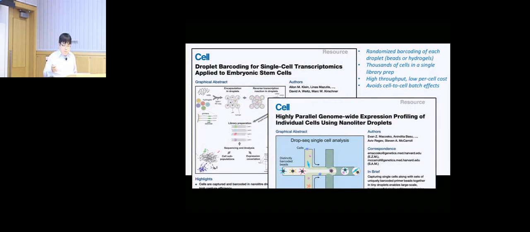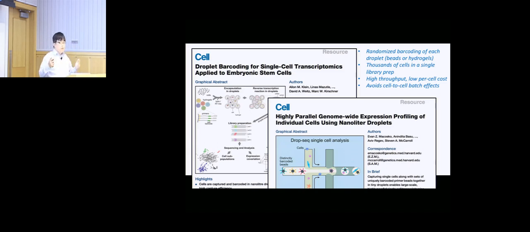2.5 years ago, there were two Cell papers published back to back. Basically, this is a new single-cell analysis technique that allows barcoding droplets that contain the single cells. Because each droplet is barcoded, previous single-cell technologies like the Fluidigm C1 have to prepare a library for each cell separately.